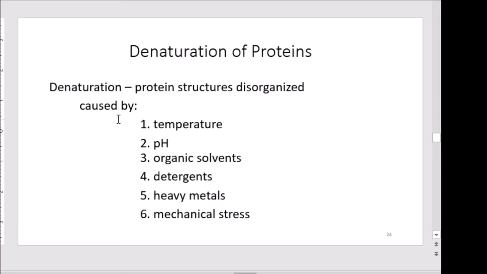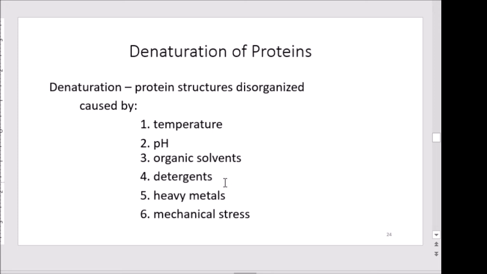All right, now what causes problems with proteins? We can denature them. So we talked in lab about denaturing alcohol, and we said we poisoned it. All right. Well, if we denature a protein, it breaks apart all those hydrogen bonds, and it causes it to become unorganized. And so high temperature, pH, organic solvent.